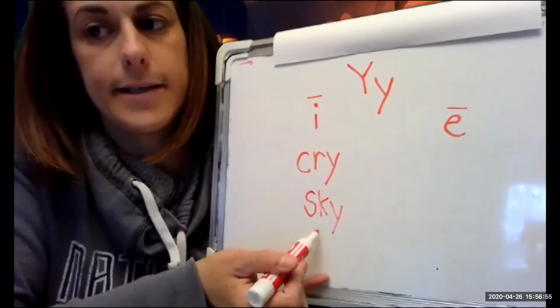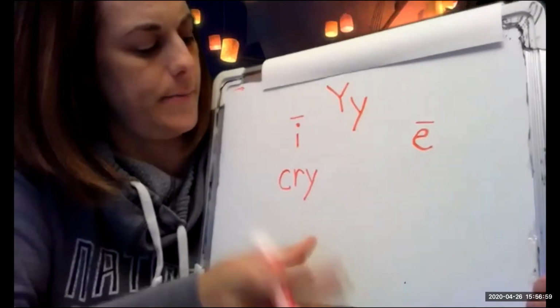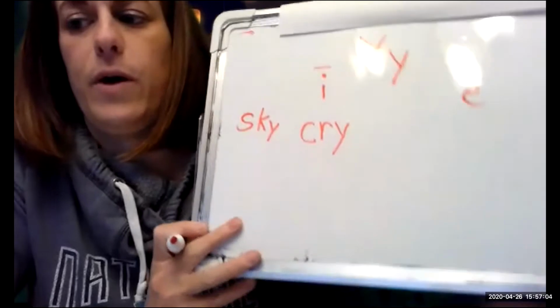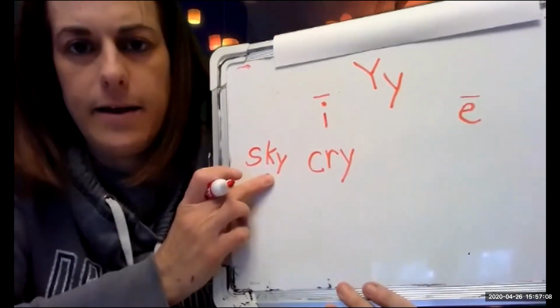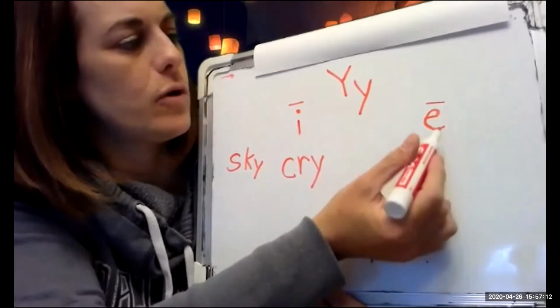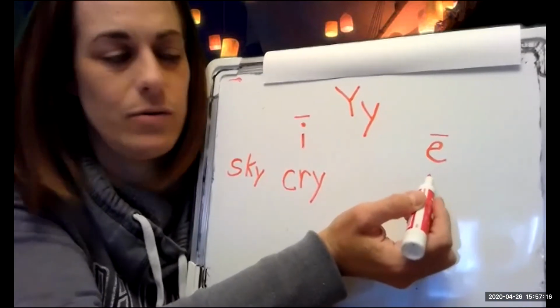I'm going to move that one up here so you can see it. I want you to think about those and think about what we just reviewed. Sky, cry. Okay, now I'm going to do some words that have the Y when it acts as a long E sound.